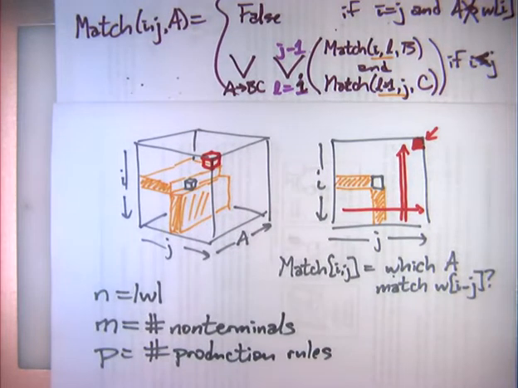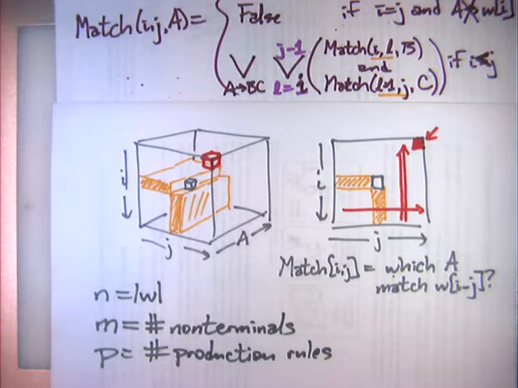The base case clearly takes constant time. I assume there's some reasonable data structure that allows me to tell in constant time whether this non-terminal generates this single symbol. You've got just a lookup table somewhere.